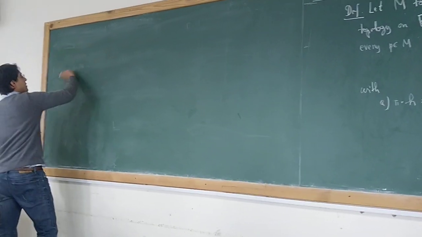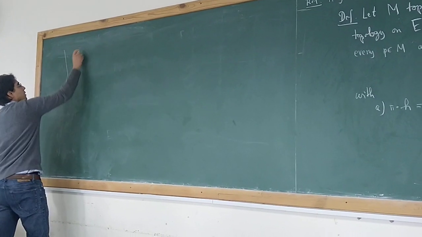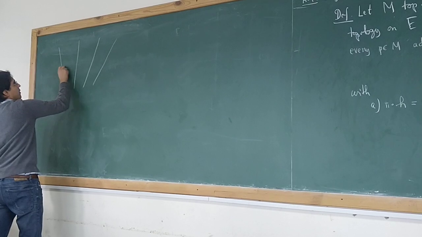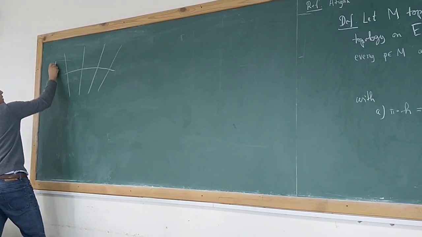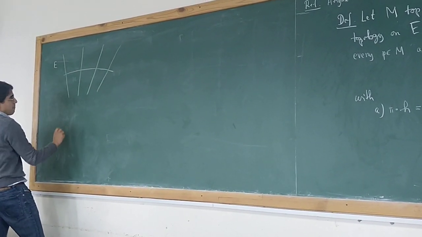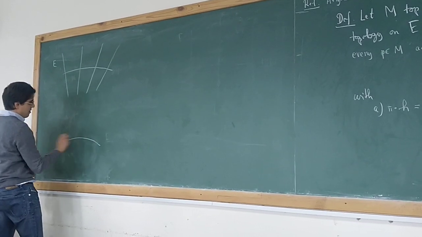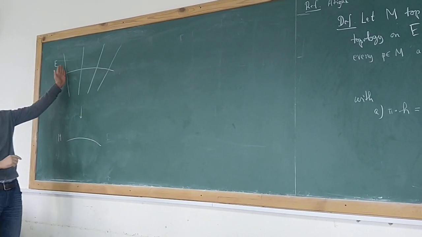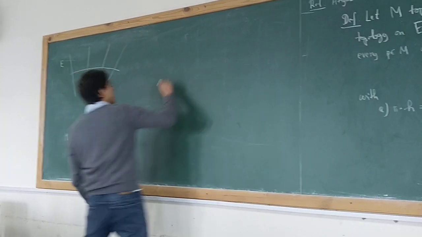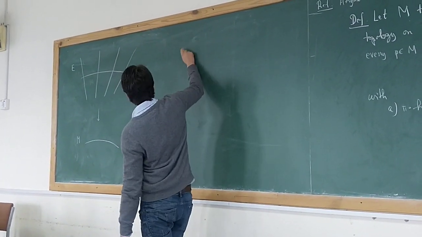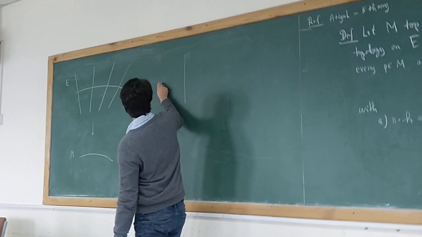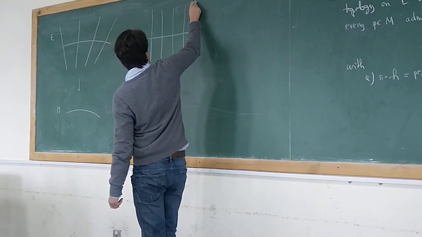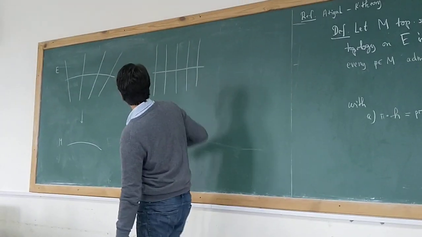So the idea is that a vector bundle maybe looks something like this. This could be E, M, and it's some kind of twisted product. But locally, you can always identify the vector bundle with an untwisted thing.